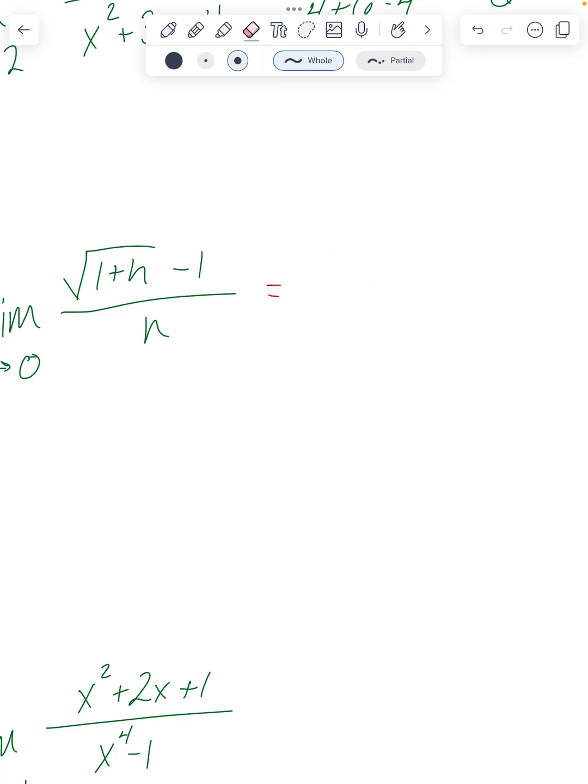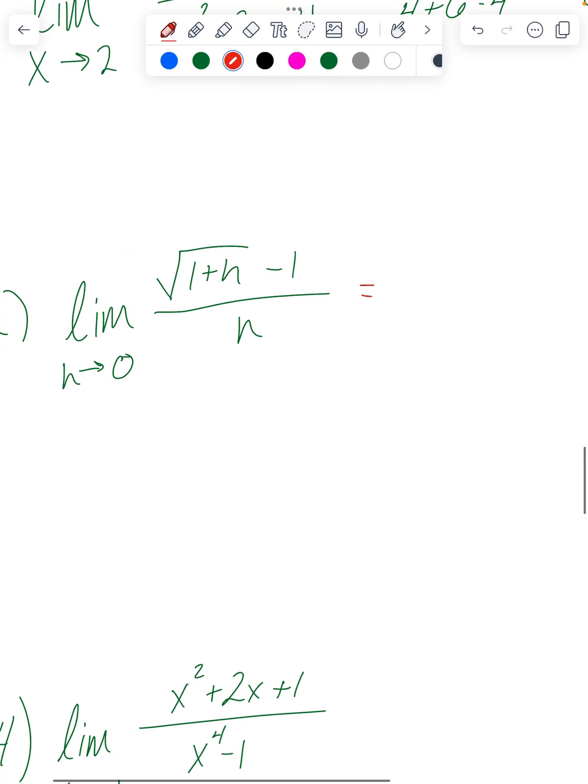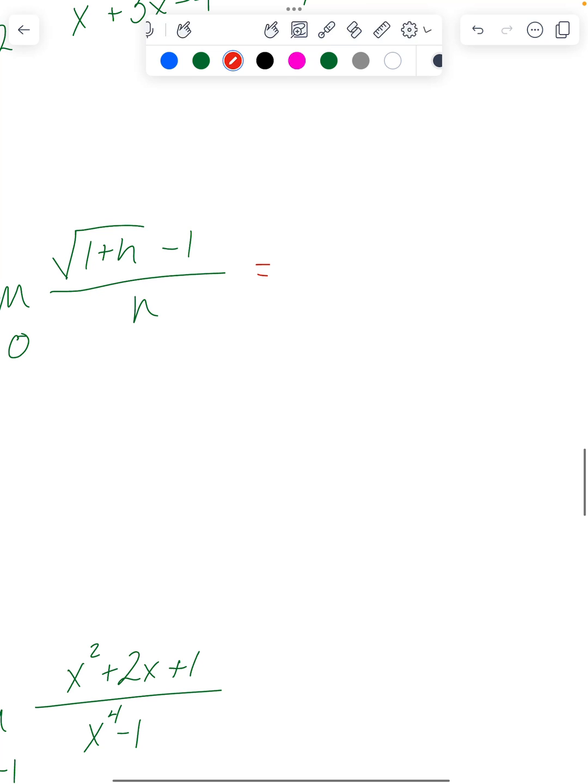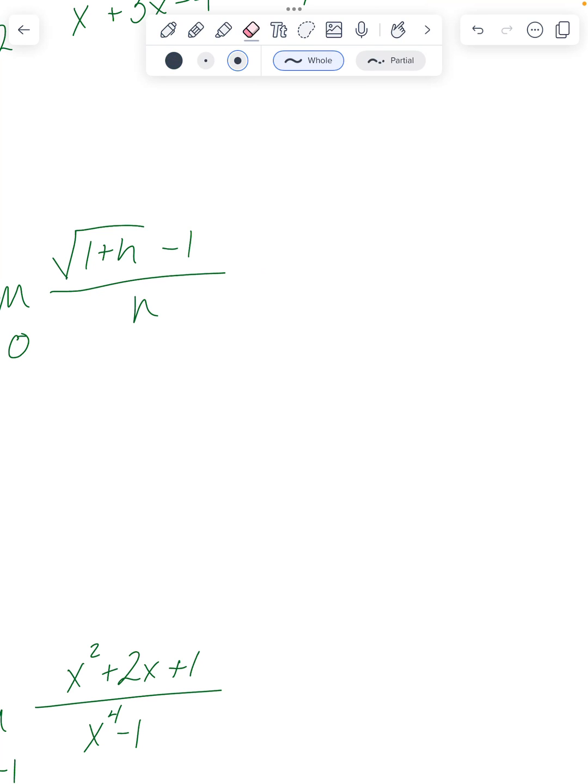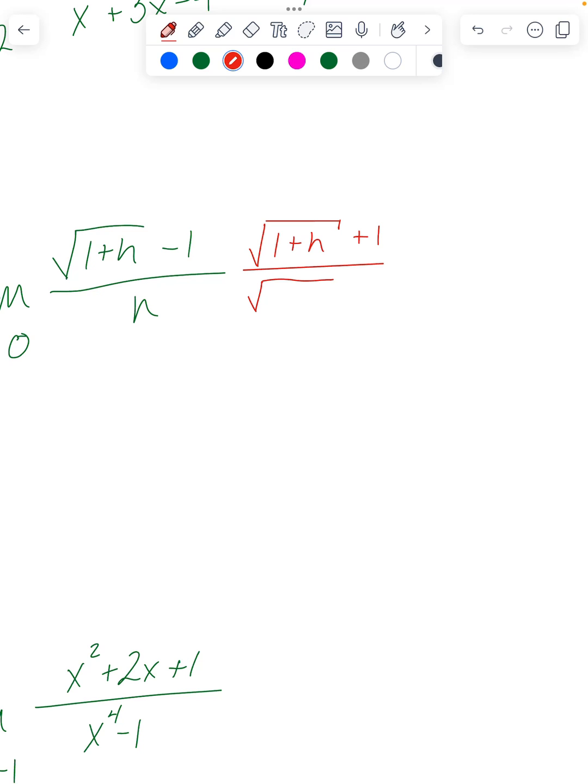I've got the square root of 1 plus h minus 1 over h as h approaches 0. This looks scary, but what I can do is multiply by that conjugate, which is the square root of 1 plus h plus 1 over the square root of 1 plus h plus 1.